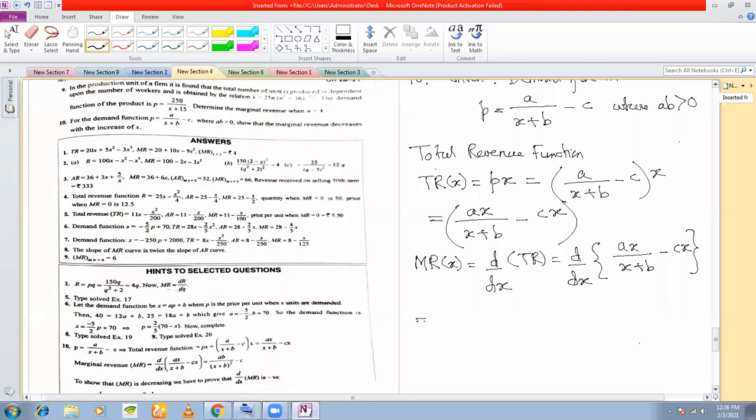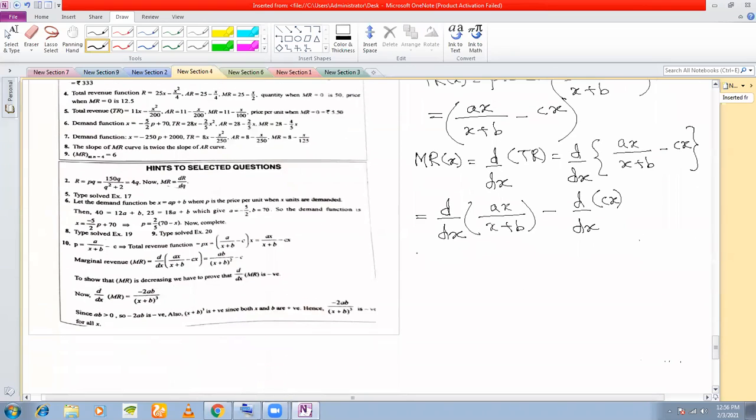So let us differentiate this: d dx of AX by X plus B minus d dx of CX. d dx of AX, you can take A out of the differentiation, you get d dx of X by X plus B, minus, you can take c out of the differentiation, you get c d dx of x, which is 1 obviously.